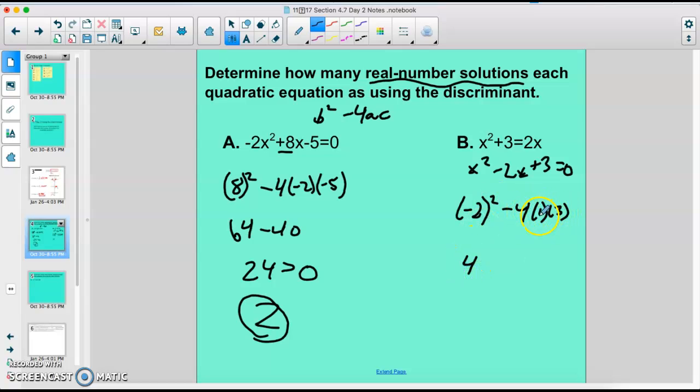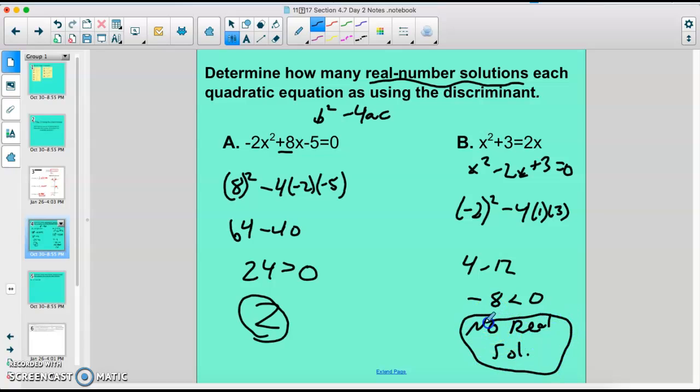And this is negative 12. And so we get negative 8, which is less than 0. And so here we have no real solutions, because it's less than 0. So the answer to this one would be a bunch of imaginary numbers, pretty much.